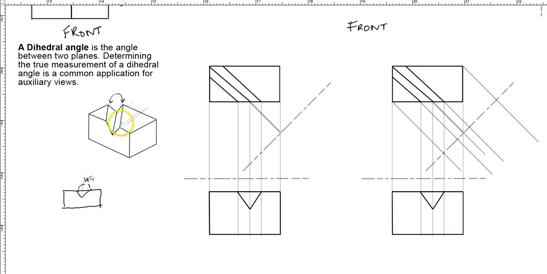But in this case, we don't have it going straight. We have it going at an angle, if you see over here. So the only way we can draw and get the perfect angle is by drawing an auxiliary view.